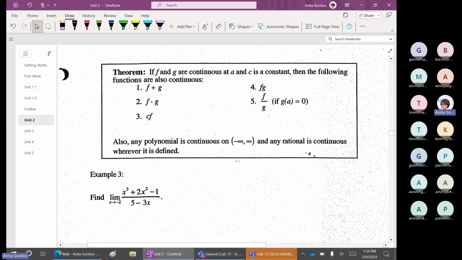Okay, if we have two functions, f and g, and they are continuous at a, and we let c represent a constant, then the following are also continuous.